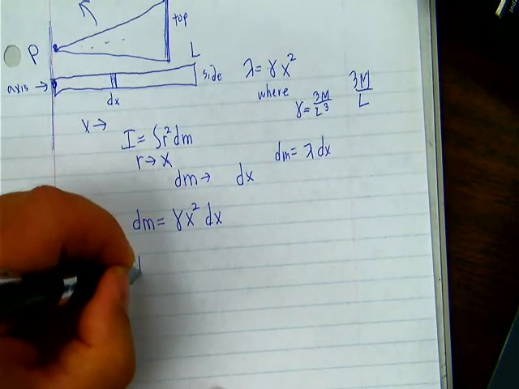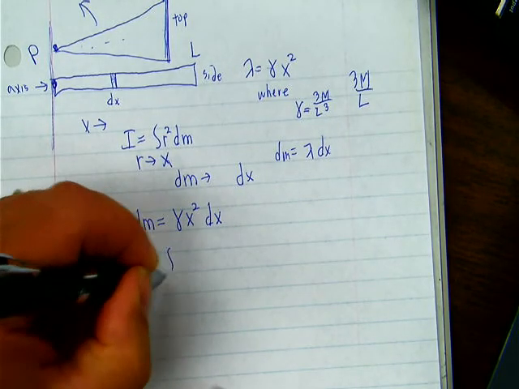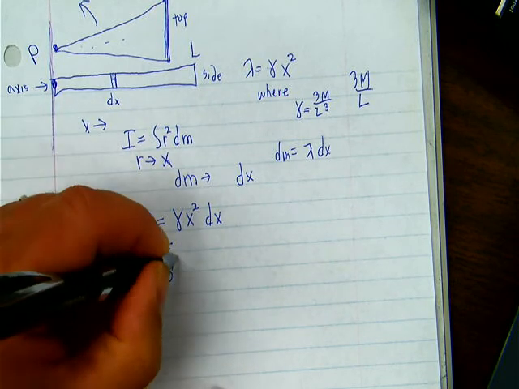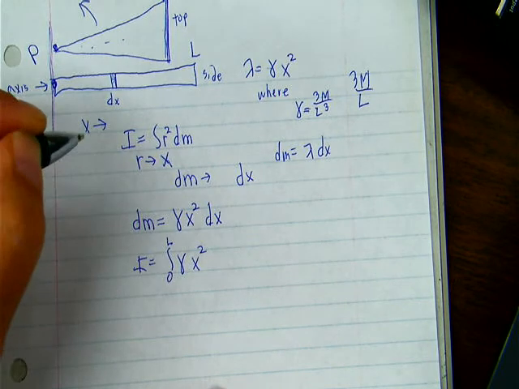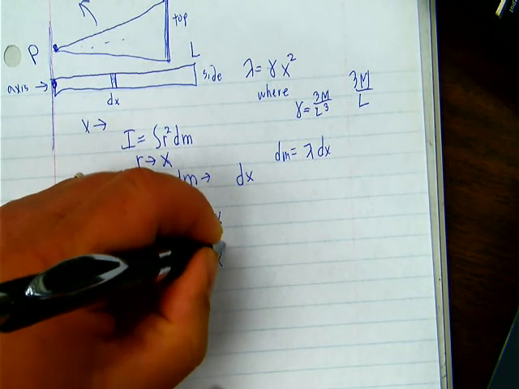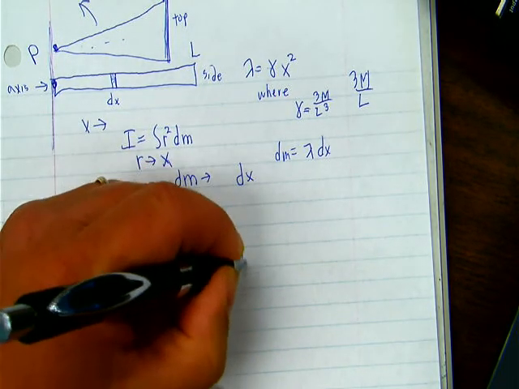So the integral I becomes the integral from 0 to L of gamma x squared times x squared times dx.